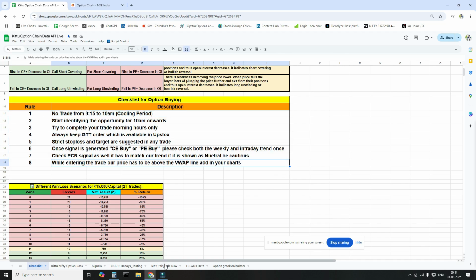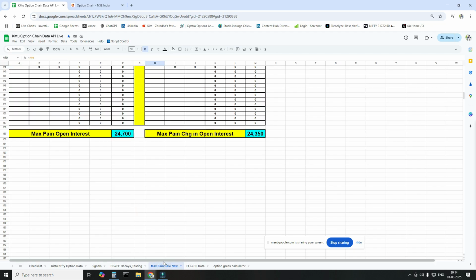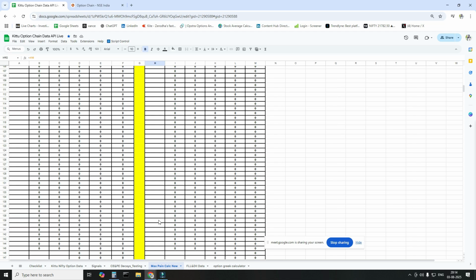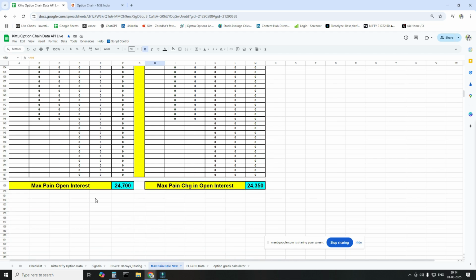First of all, we need to identify what max pain calculations are. If you are an option seller, max pain is what directly tells you the max pain open interest, 24,700. That means these are the option sellers' prices.